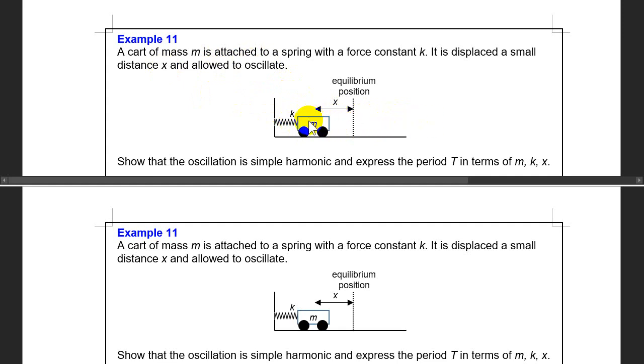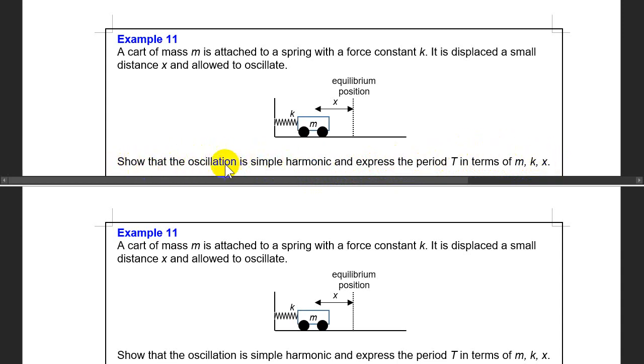So it oscillates left and right about the equilibrium point here. Okay, the question is: show that the oscillation is simple harmonic, and then express the period T in terms of m, k, and x.